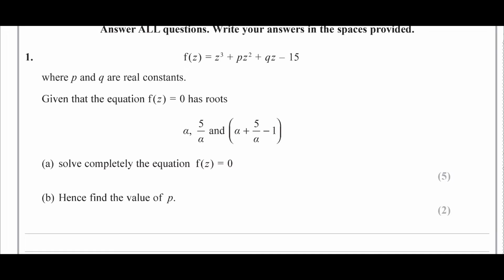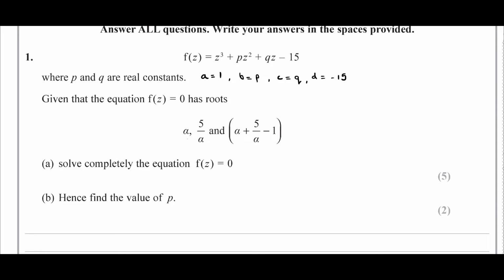Now, I will begin by first of all labelling the coefficients of this cubic equation a, b, c, and d. We notice over here a is equal to 1, b is equal to p, c is equal to q, d is equal to minus 15.